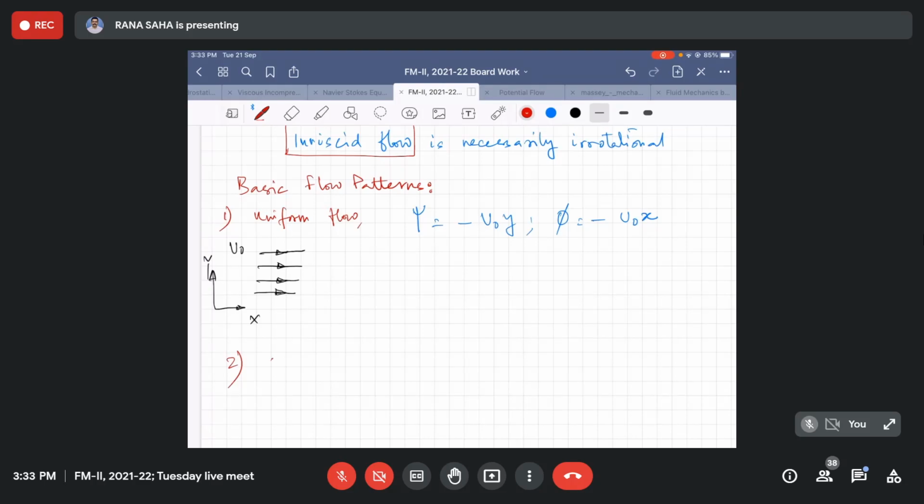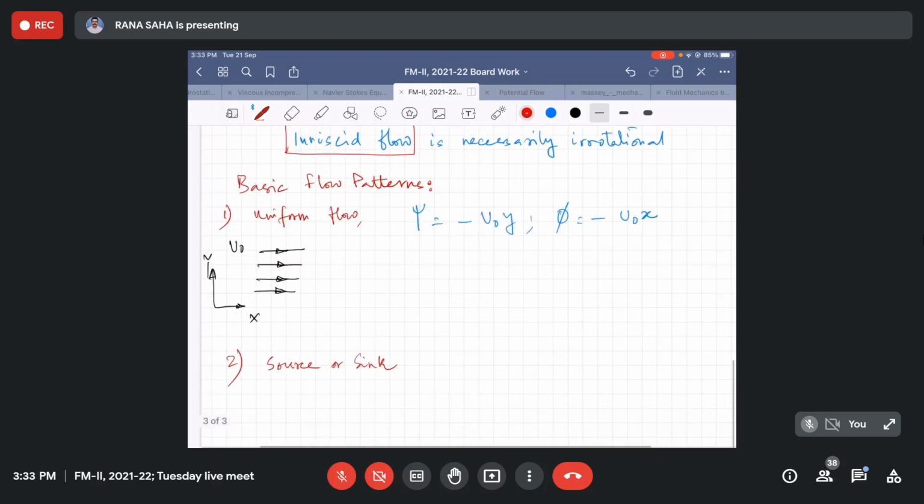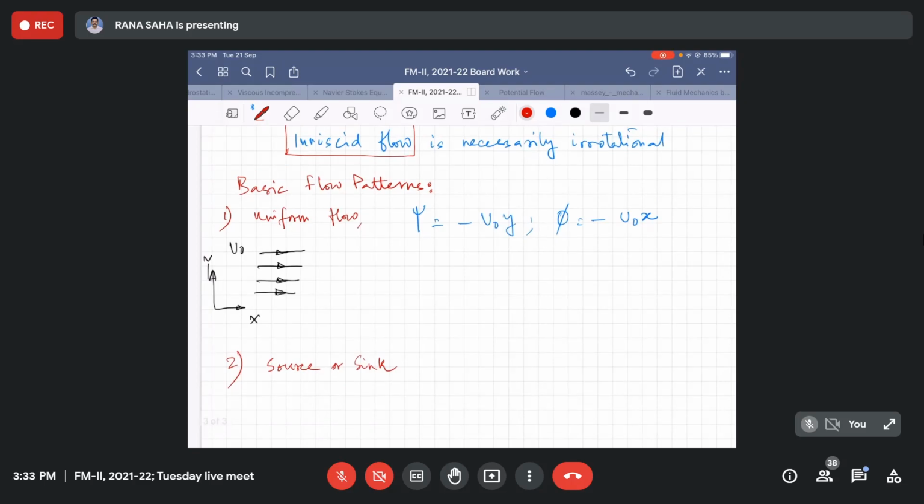This is rather, you can say, a kind of hypothetical pattern, source or sink. And both are the same, only the direction is different. It is just the reverse direction. So here we are actually talking about line source or line sink.